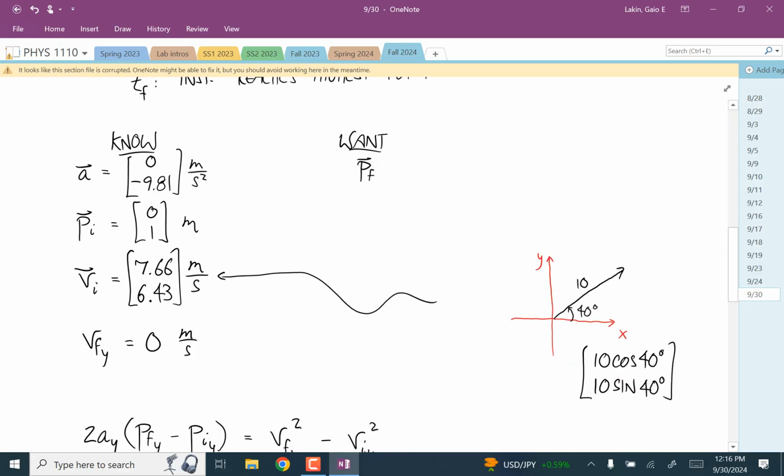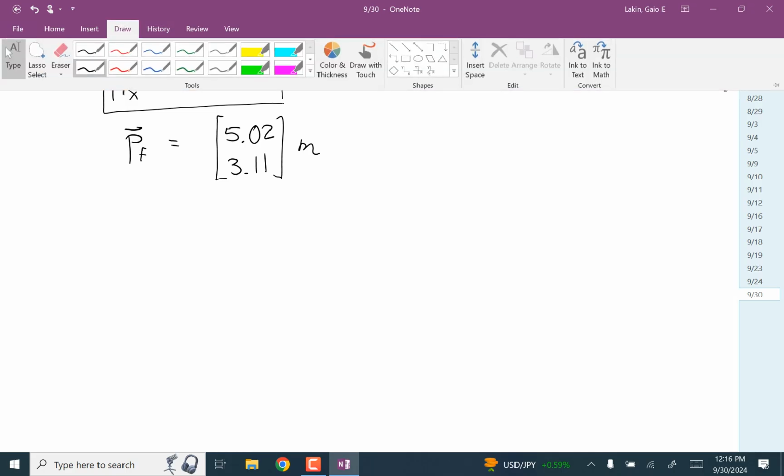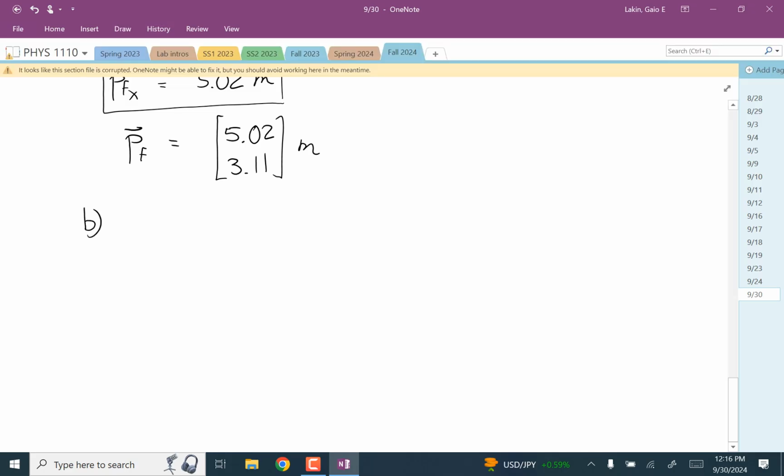Okay, so now what about the displacement? Now we want the displacement from where the ball is released to the highest point. Remember that the displacement vector is just the later position minus the earlier position.